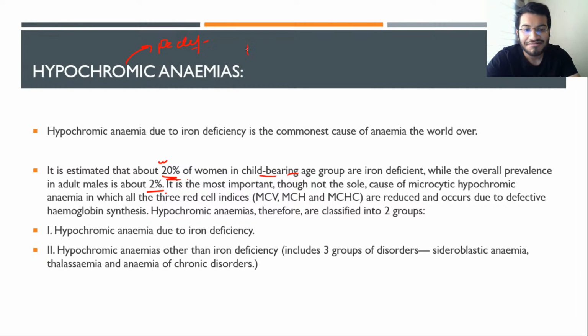But if patient is having thalassemia, sideroblastic anemia, or anemia of chronic disorder, then also his PBF will show hypochromic microcytic anemia, right?